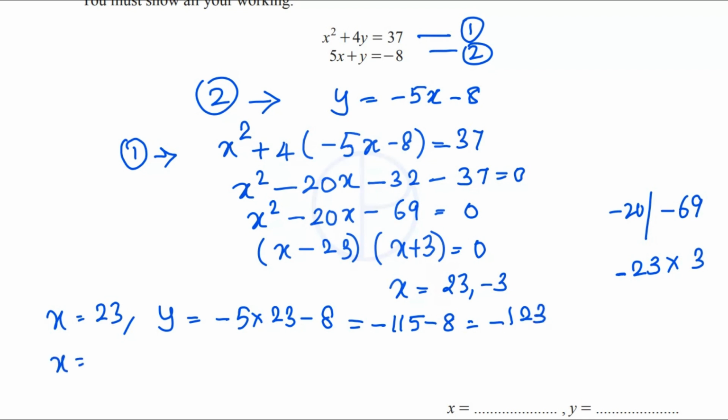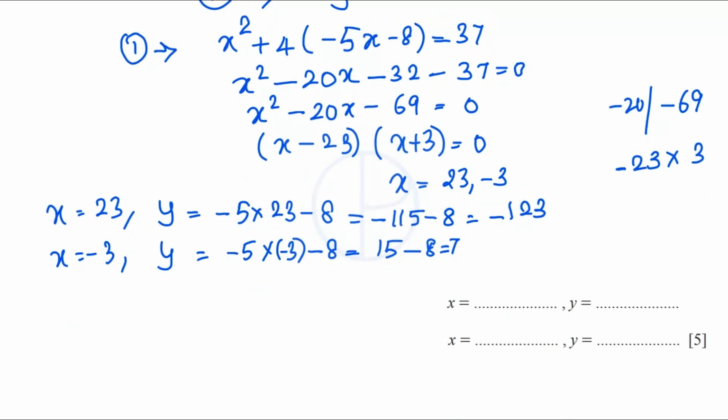When x is negative 3, y is negative 5 multiplied by negative 3 minus 8. Minus 5 multiplied by minus 3 gives plus 15. 15 minus 8 equal to 7. So when x is 23, y is negative 123. When x is negative 3, y is 7.